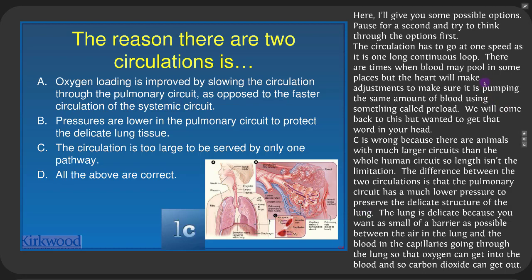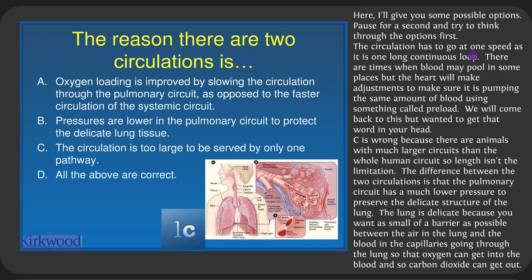The circulation has to go at one speed, as it's one long continuous loop. There are times when blood may pool in some places, but the heart will make adjustments to make sure it is pumping the same amount of blood using something called preload. So the systemic circuit and the pulmonary circuit essentially have to pump the same amount of blood because they're in one large continuous loop.